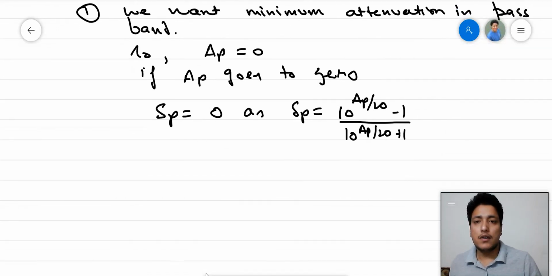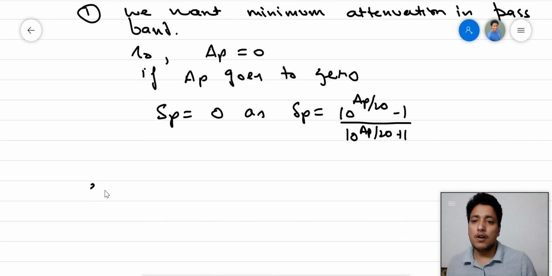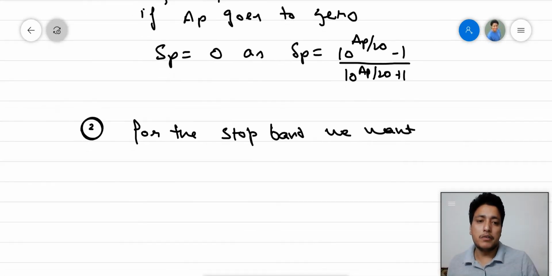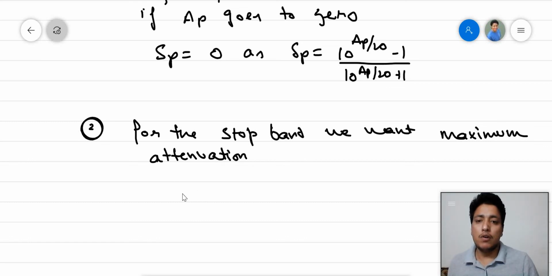Second, for the stop band, we want maximum attenuation. And we know delta S is nearly equal to 10 to the power minus AS by 20.